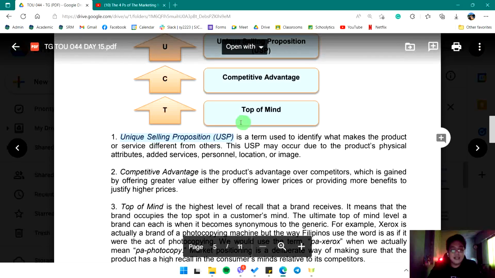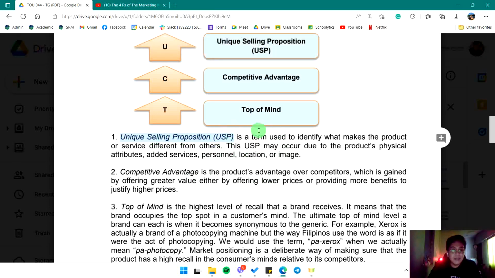When it comes to unique selling proposition or USP, ibig sabihin lang po nito is kung ang business natin ay may binebenta na isang product or service na different from others. So, ito po yung unique na produkto natin. Again, market positioning is kung ano ang tingin ng market sa ating mga produkto.